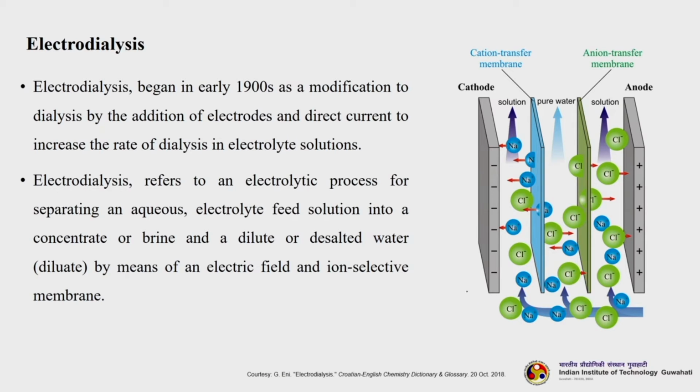There is a cathode, an anode and two membranes. One is a cation transfer membrane or cation exchange membrane, another is an anion transfer or anion exchange membrane. The feed is coming from here, the seawater basically. Sodium ions are getting transferred into this chamber and concentrated here, whereas chloride ions are getting concentrated in this chamber. Whatever water you are getting here is pure water, because it is devoid of sodium chloride now.